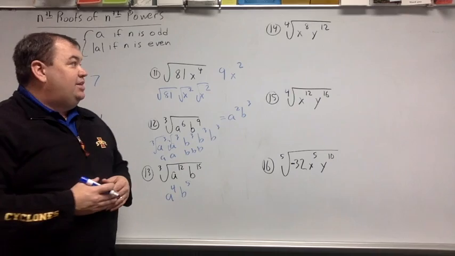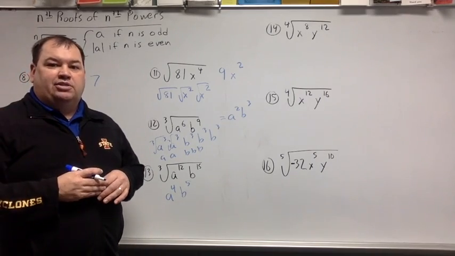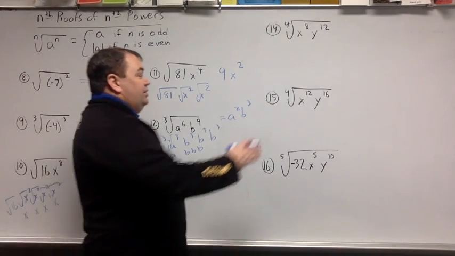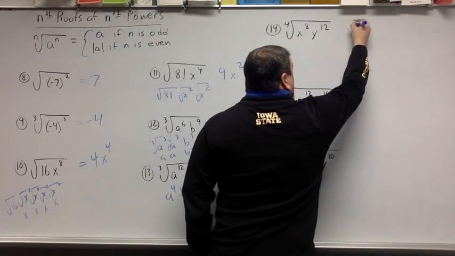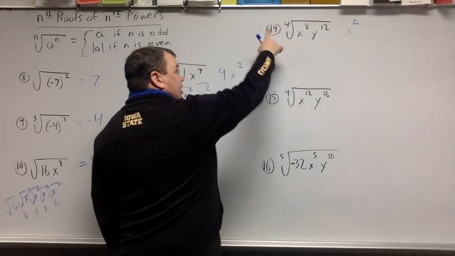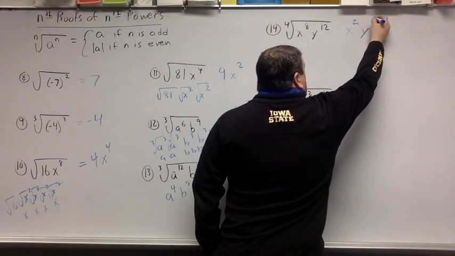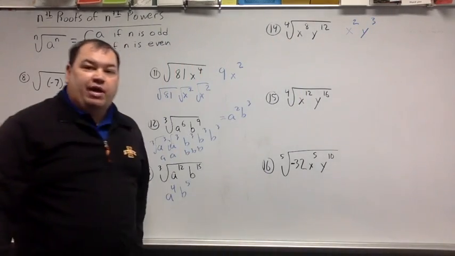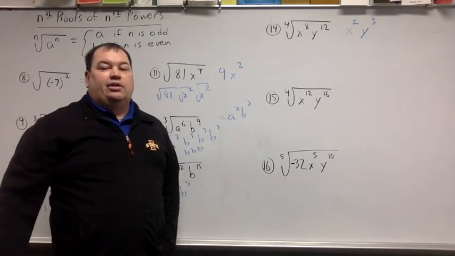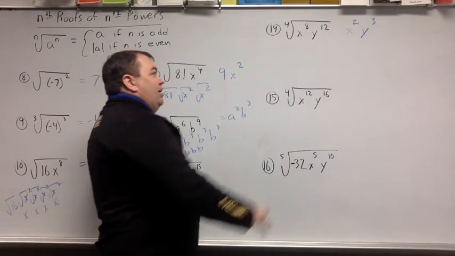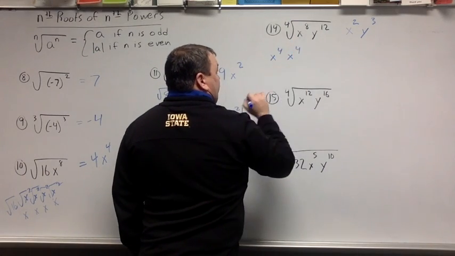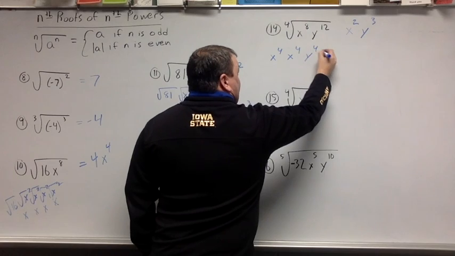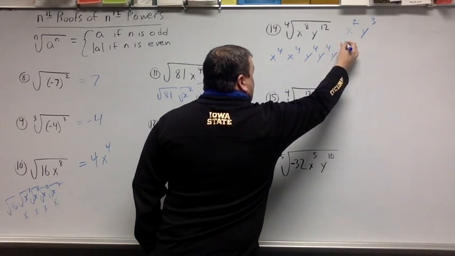So if I take that a step further, and I'll do this both ways depending on what you decided on, 8 divided by 4 means this is x squared, and 12 divided by 4 means that this is y cubed. So if that makes sense to you, go with it. If you like breaking it down, this is going to be x to the 4th and x to the 4th. This is going to be y to the 4th 3 times.